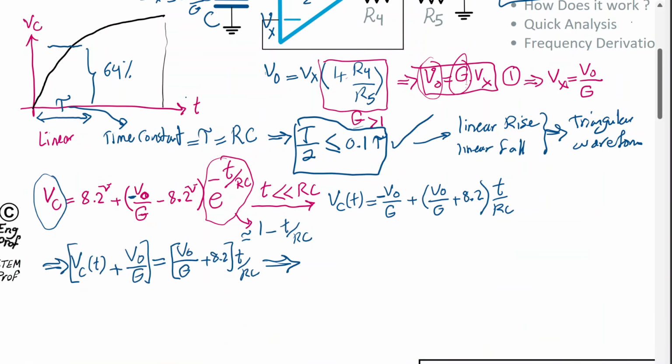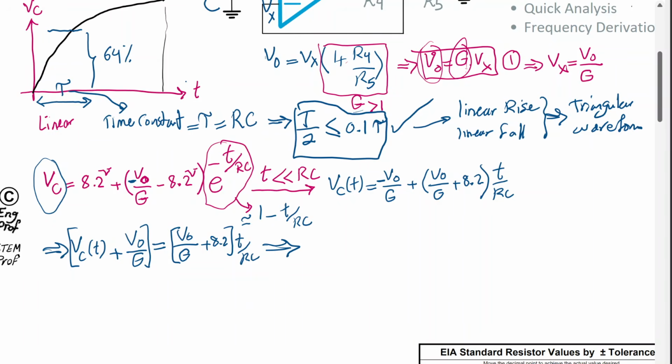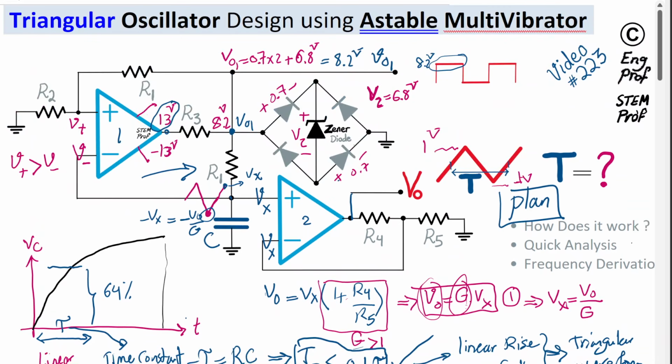So what I'm trying to say is the value of this Vc at time T, T being half period, is when the voltage of the cap, in the half period time, goes from the negative Vx to positive Vx.